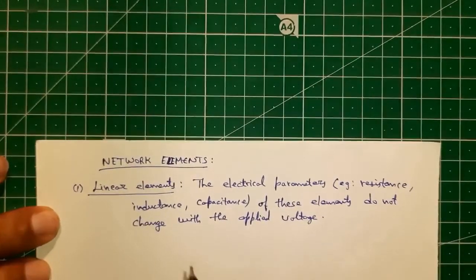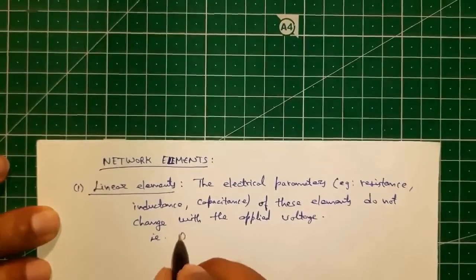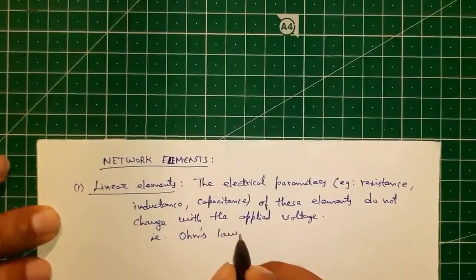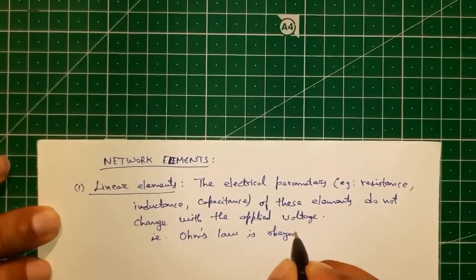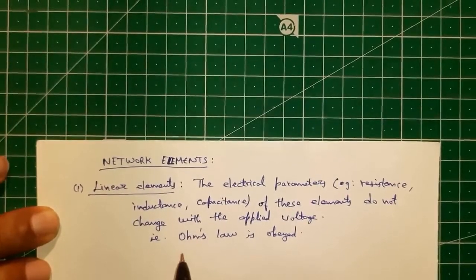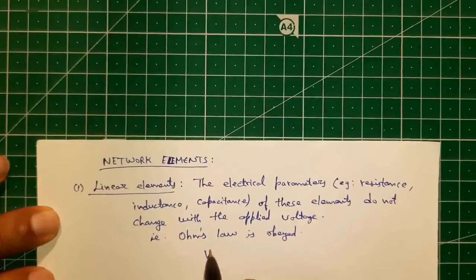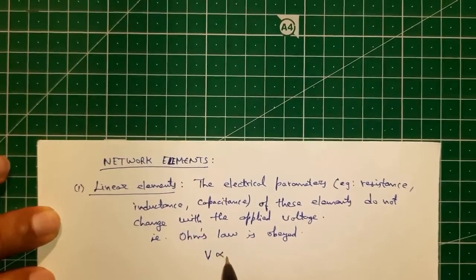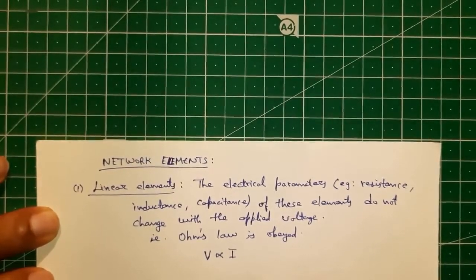So it means that Ohm's law is obeyed. That is, we apply a voltage V, then we will get a current I that is proportional to the voltage applied.